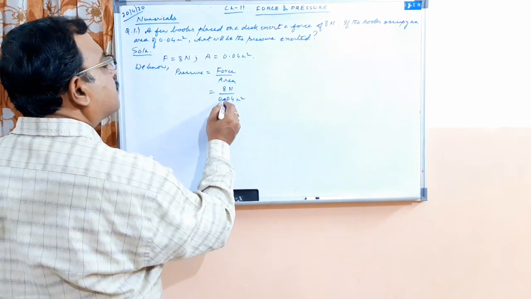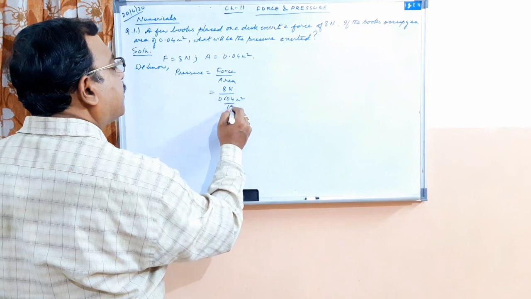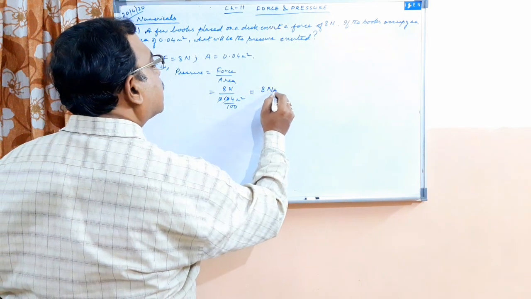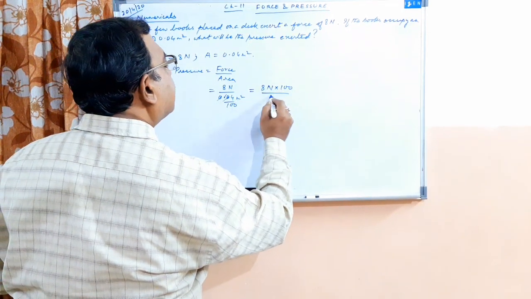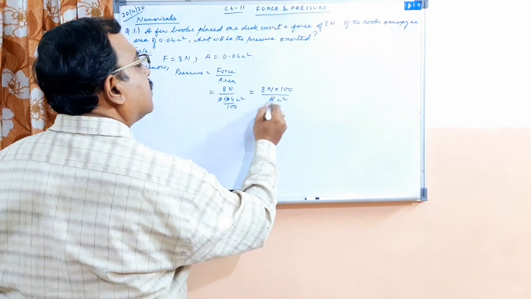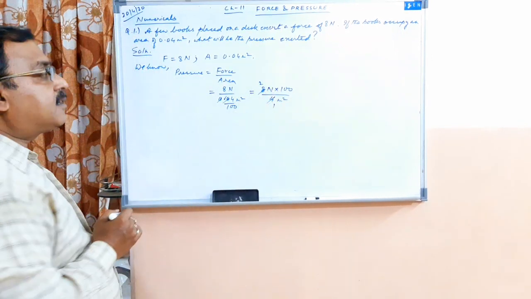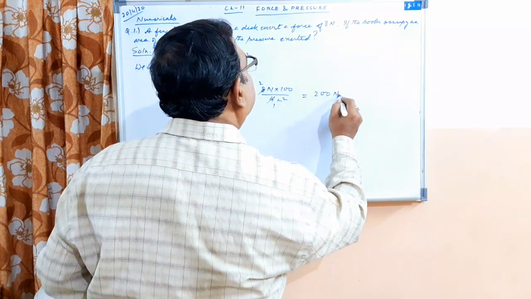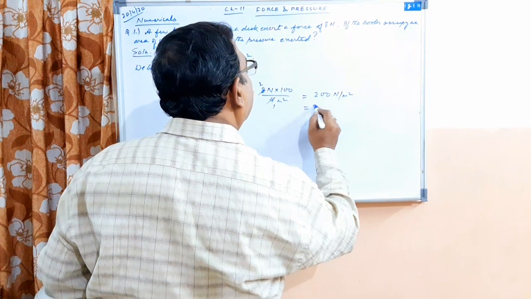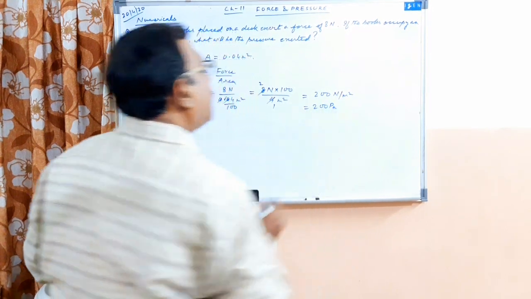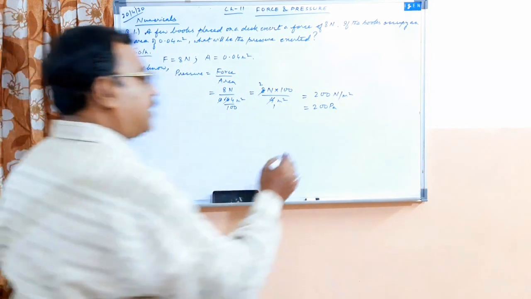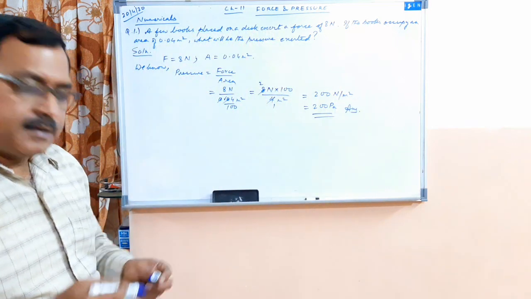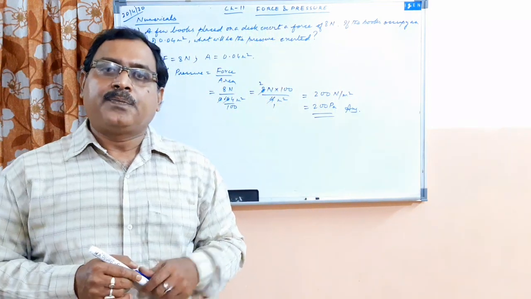If I want to remove this decimal, I will divide by 100. So this means 8 Newton into 100 divided by 4 meter square. 4 1s are 4, 4 2s are 8, this gets cancelled. So it becomes 200 Newton per meter square, that is equal to 200 Pascal. Right? So this is your answer. Got it? Next we come to the second question.